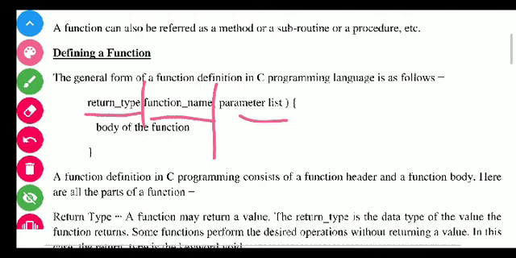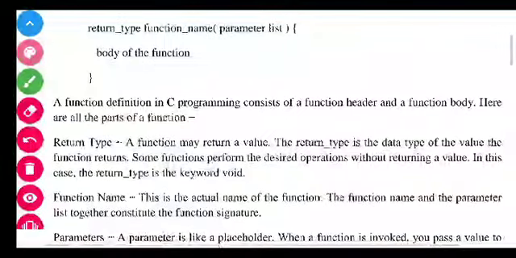Then what are all these things? Let's see. Return type means what type of data we are going to return after running the program. Sometimes the data will be an integer value, sometimes a character value.